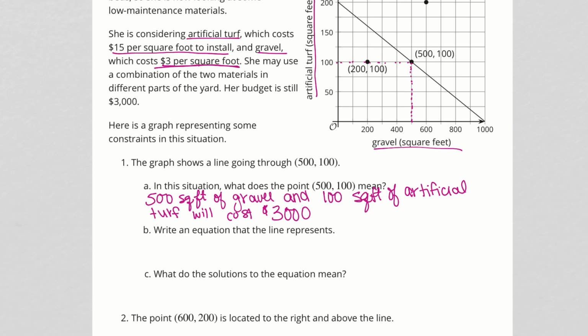So my gravel is going to be 3x plus 15y. I'm using x for gravel because it's on my x-axis, and y for artificial turf because it's on my y-axis, equals 3,000. What do the solutions to the equation mean?